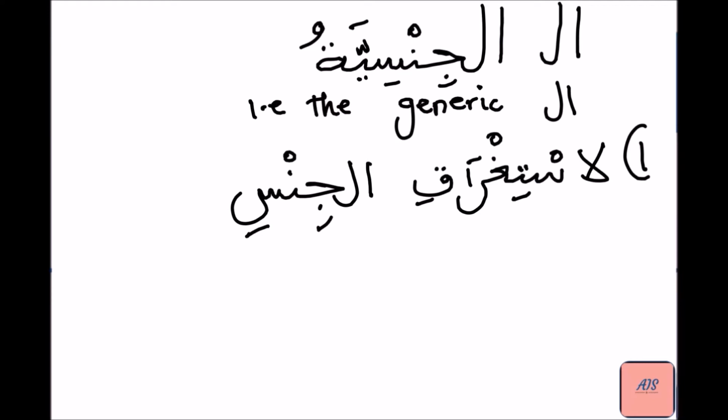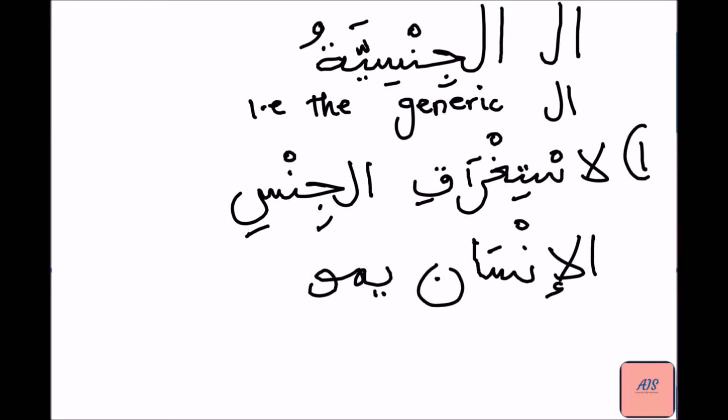For example, in the word al-insanu, in the sentence al-insanu yamut, the alif lam could correctly be replaced with kullu.